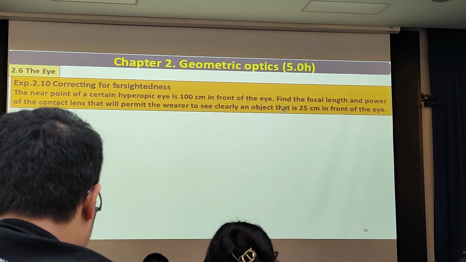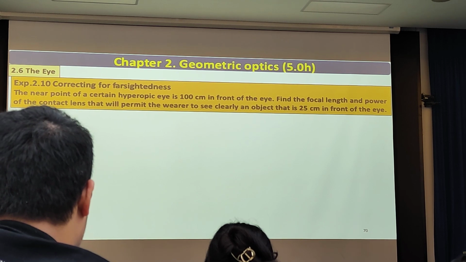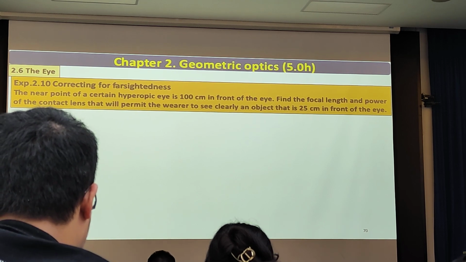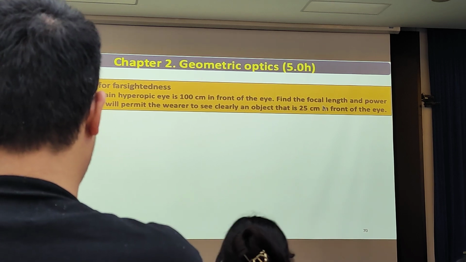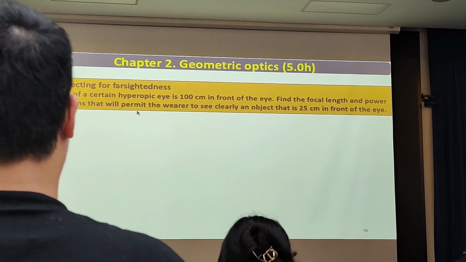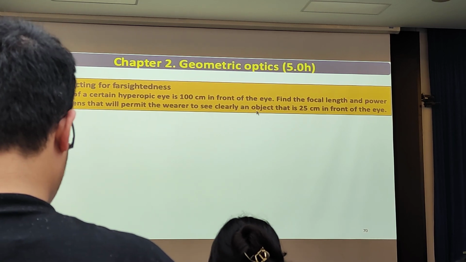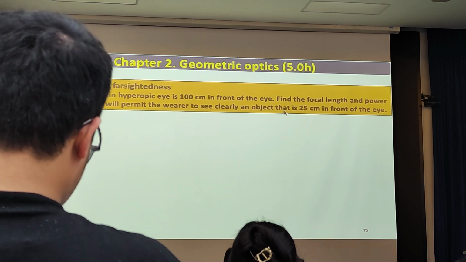But here, for a hyperopic or far-sighted eye, it is like 100 centimeters away, so very far, right? They ask us to find the focal length and the power of the contact lens that will permit the wearer to see clearly an object that is 25 centimeters in front of the eye.